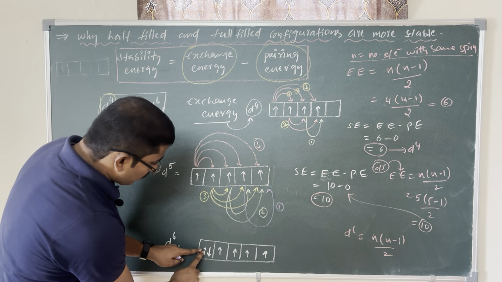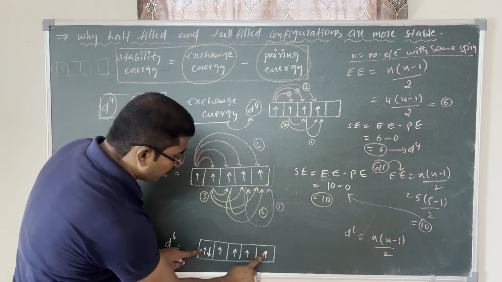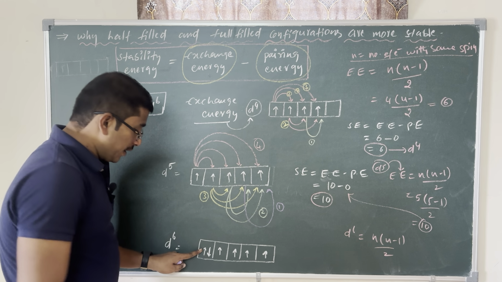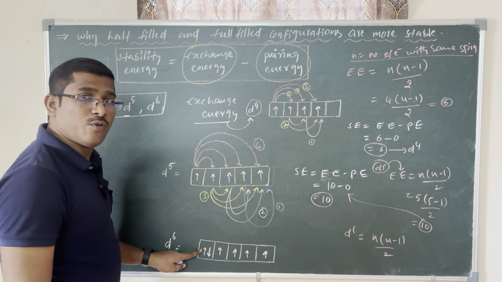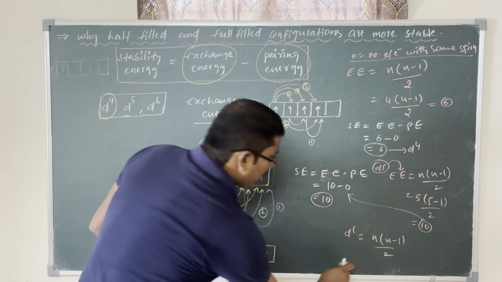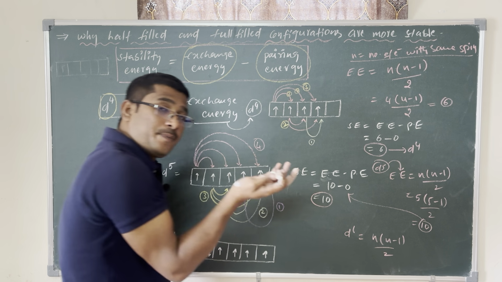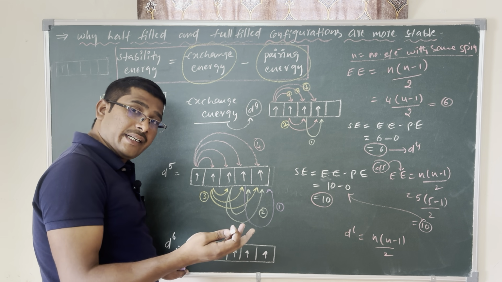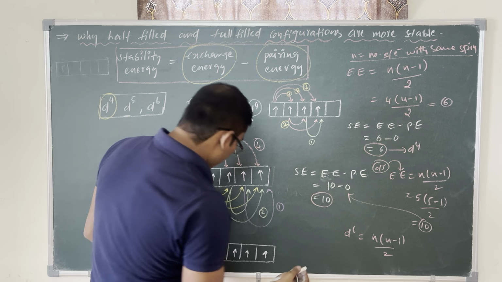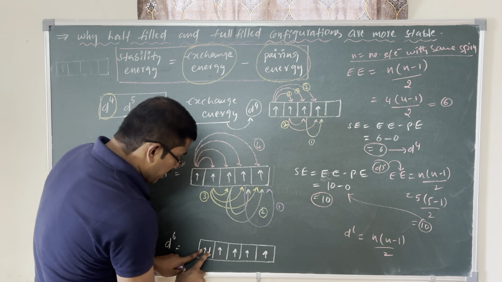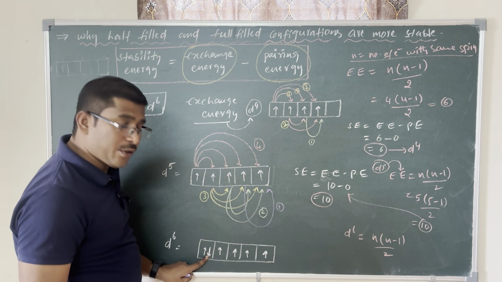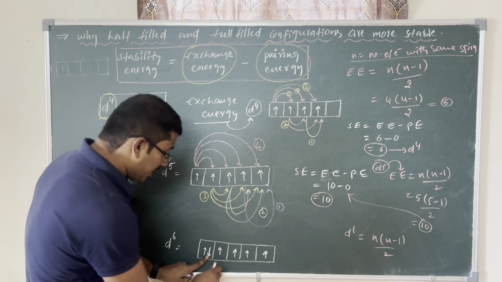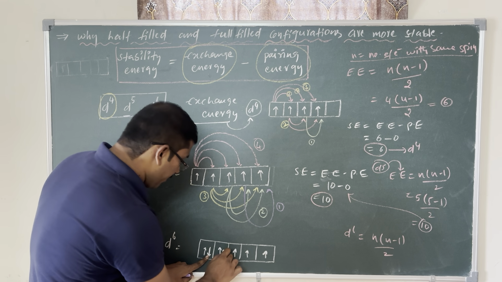Same spin electrons, 1, 2, 3, 4, 5, so 5 are clockwise spin. You have to take clockwise and anti-clockwise separately. If only one electron is anti-clockwise, you don't count that one.